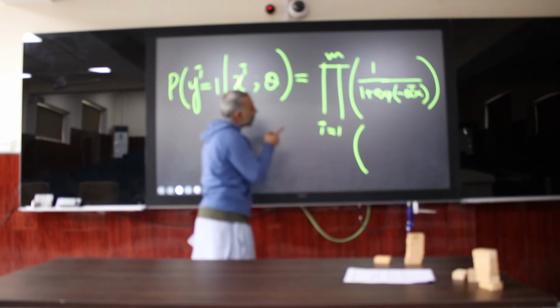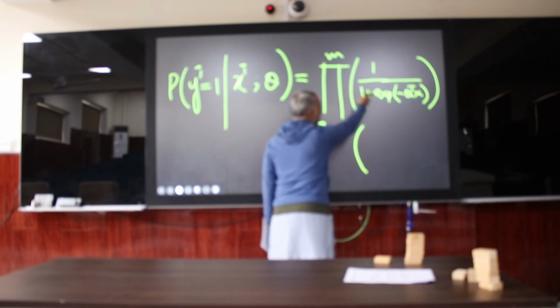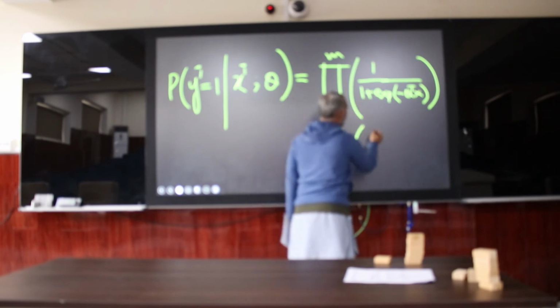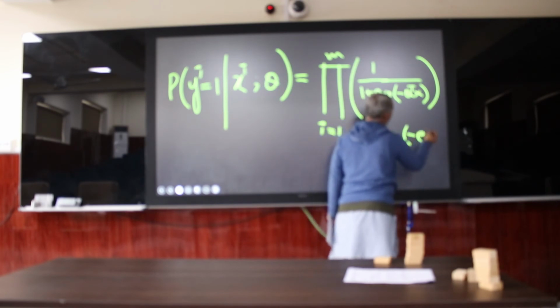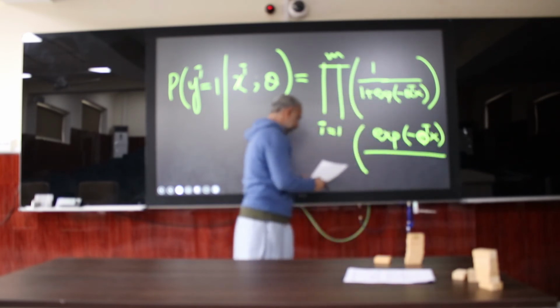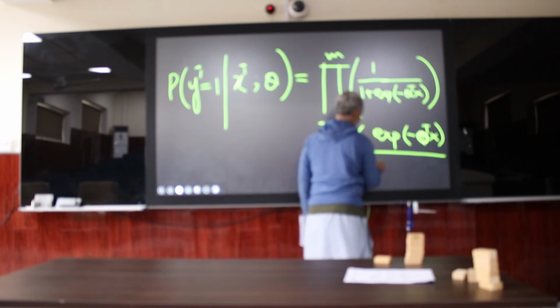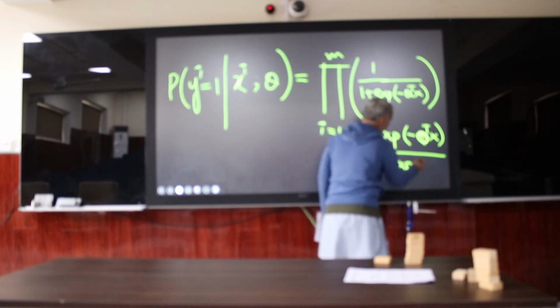Once you write it, you subtract this term from 1 minus this, then in the denominator you keep these expressions in a similar fashion.